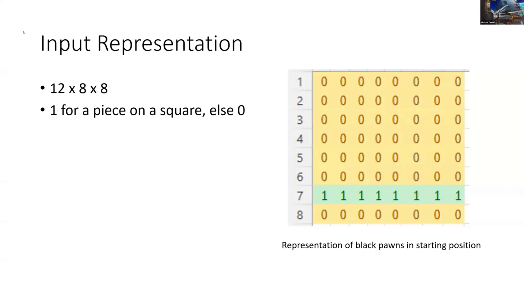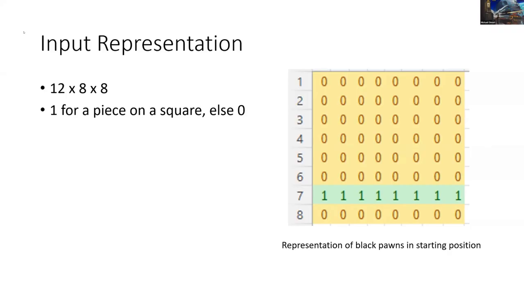Starting from the input representation, which is what's commonly used, I don't think it was mentioned in the last talk, so I'll go over it a bit. I'm using a 12 by 8 by 8 input. A chessboard has eight rows and eight columns, and then 12 channels: one channel for each piece, pawn, knight, bishop, rook, queen, king, which is 6, and two different colors.